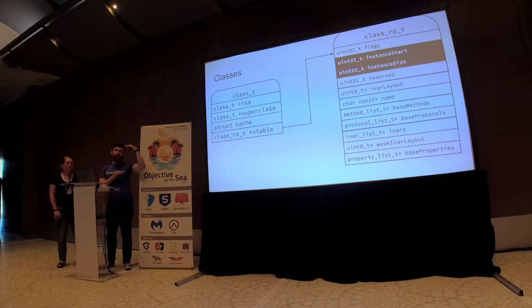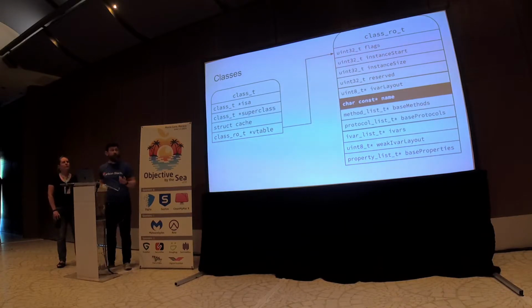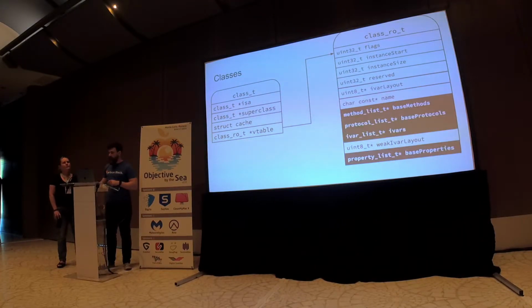So if it's like multiple inheritance, I think that offset can change. There's also the name of the class, which is very helpful for figuring out type stuff. And then you've also got these four structures that give you the methods, the protocols, which are like interfaces, I guess, and the IVARs, which are the offsets to the fields and things, and then the base properties, which are kind of like IVARs, I guess.